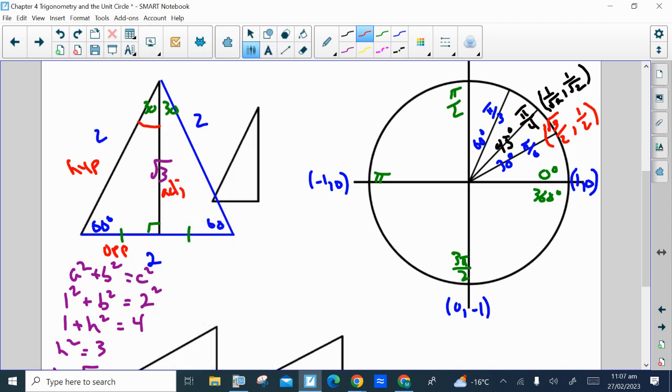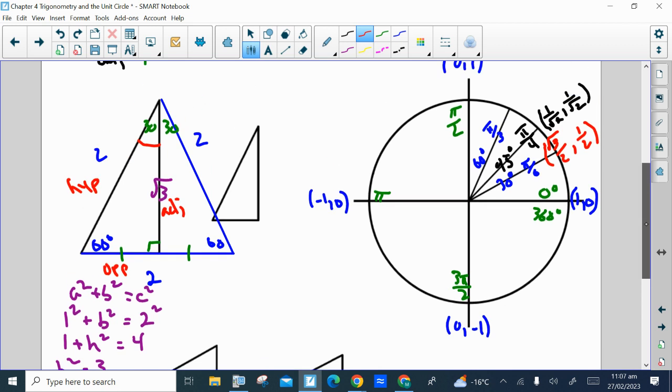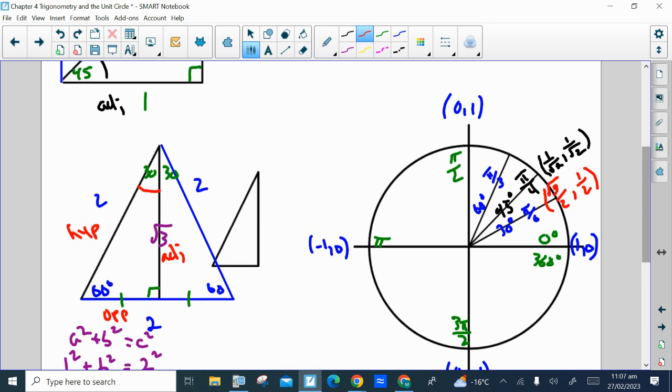So lastly, what about at 60 degrees or pi on 3 radians? Again, we're going to get two numbers here to give us our coordinate. The first number, the x value, is always the cosine of that angle. So if I want to find the cosine of now 60 degrees, I have to change around my opposite and adjacent.